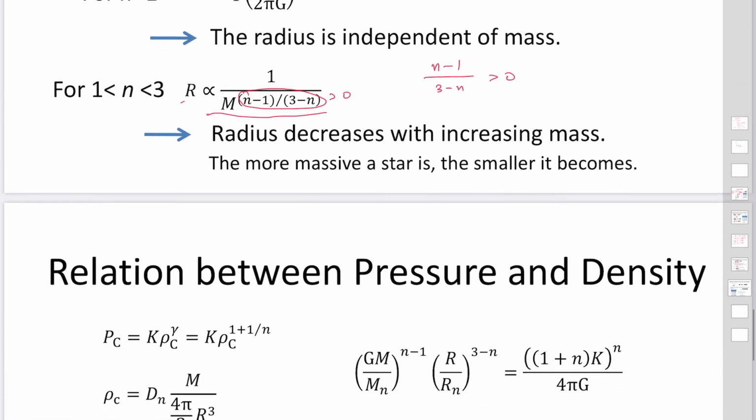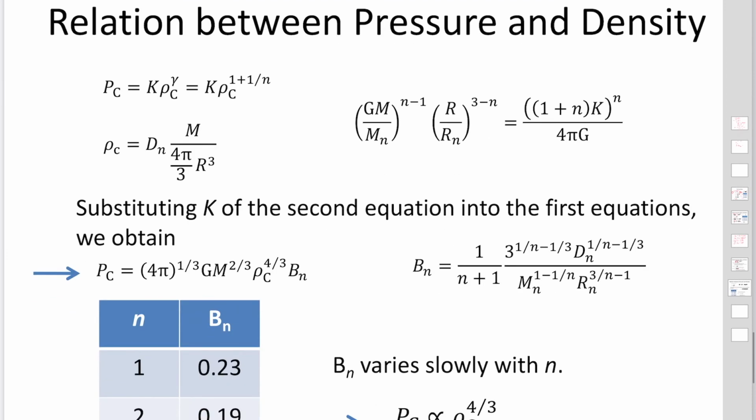Then also we'd like to find the relation between the pressures and densities.